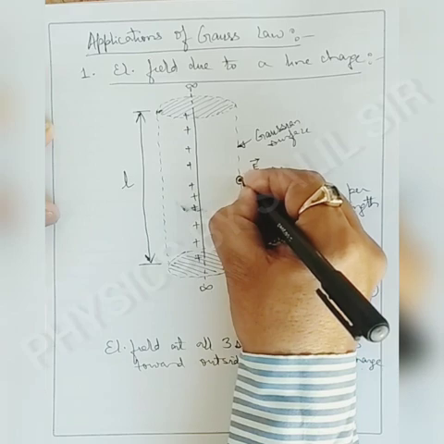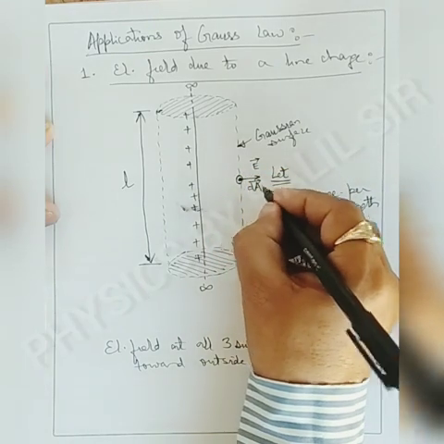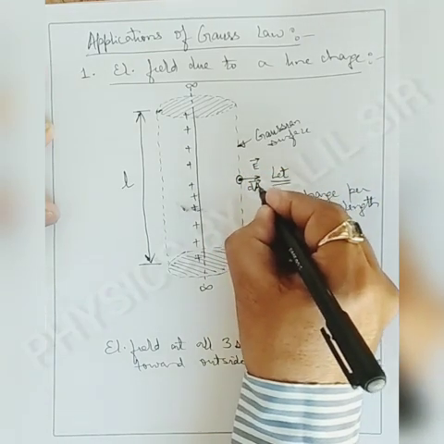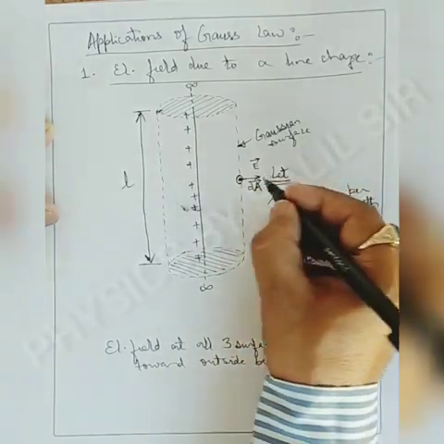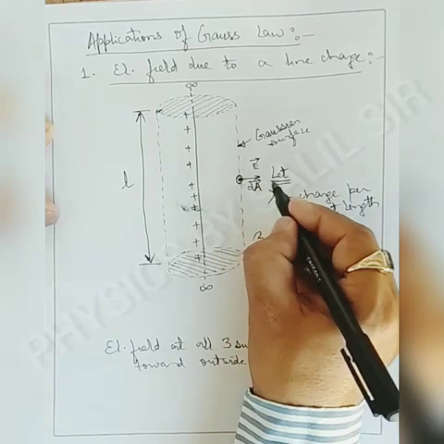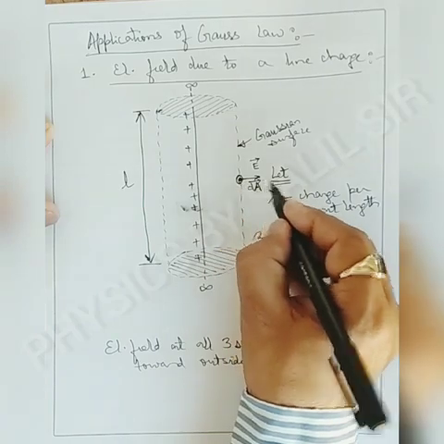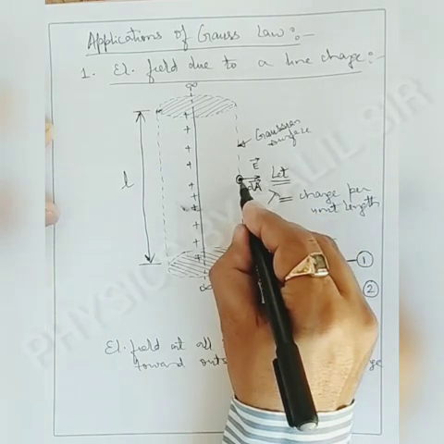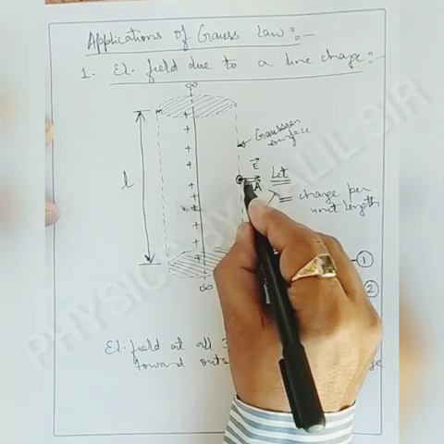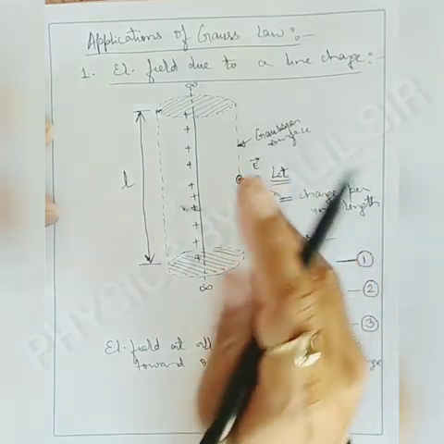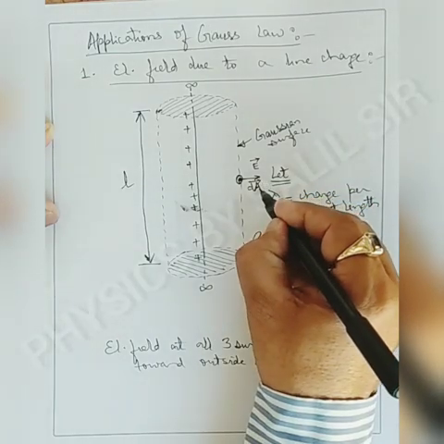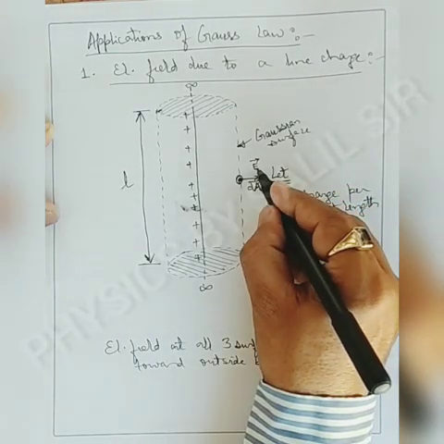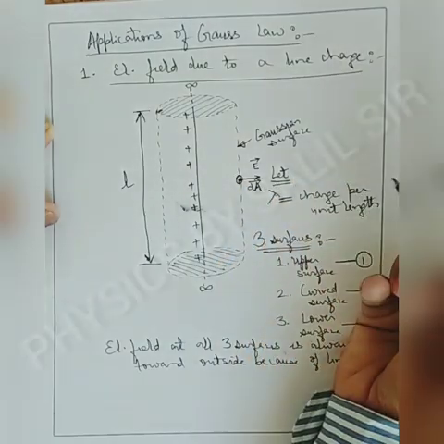If we take a certain area dA, the area vector direction is always along the normal to the surface. At this place on the circumference of the cylinder, it is represented by vector dA. So the direction of vector E and vector dA will be the same.